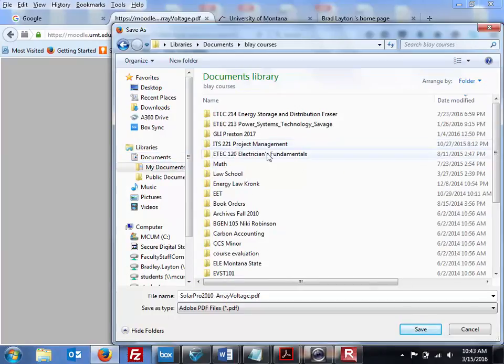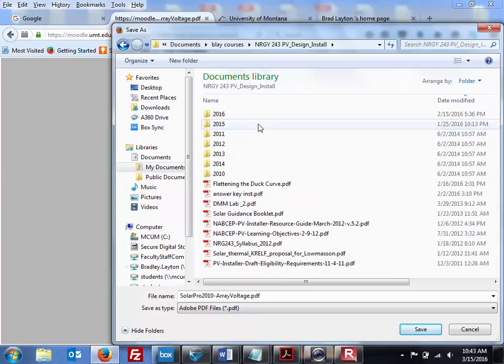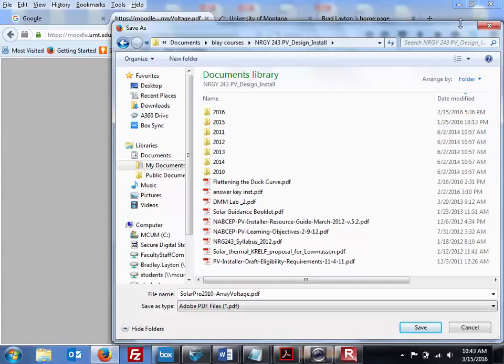courses. And this is also something I suggest you do. You've got all these great PDFs in the course shell, you've got a hard drive on your computer, and I just suggest organizing them.